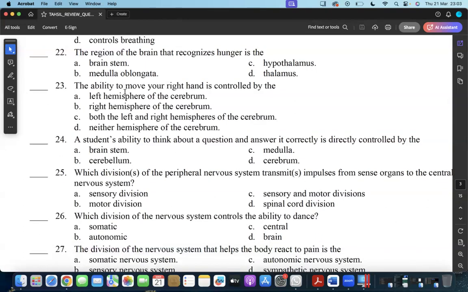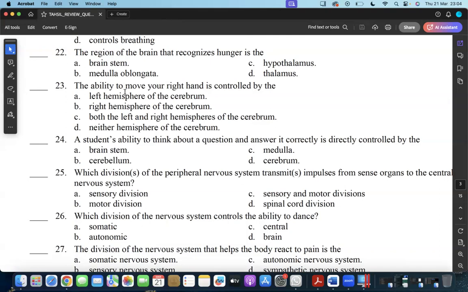Question number 23 says, the ability to move your right hand is controlled by which part of the brain? This is a very direct question. The brain is divided into two hemispheres, the left and the right.